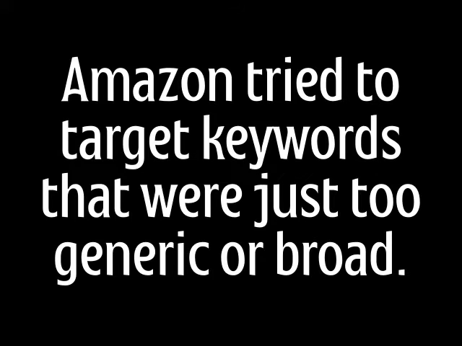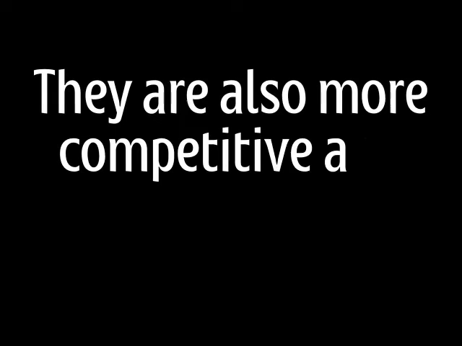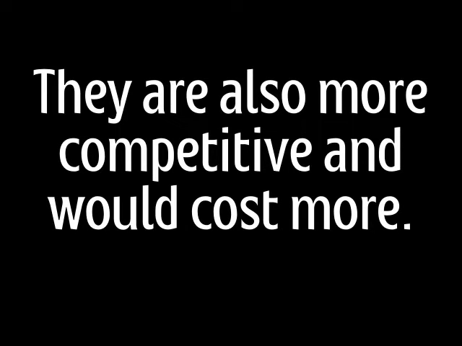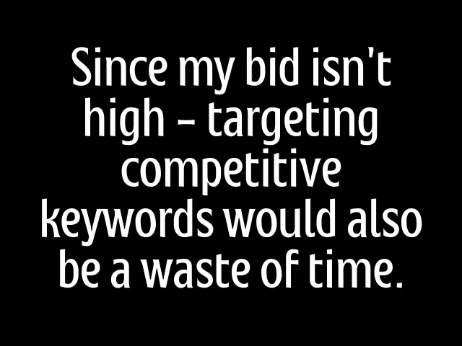And because they were broad, I was never going to rank for them because my bid was too low, and also because the book really isn't relevant to the keywords it was trying to rank me for, and they were too generic. So it might be that they're targeting broad keywords or just keywords that don't have very much search volume at all. In either case, you're probably not going to get any impressions. Even if they are trying to target one of these really highly competitive keywords, I'm not going to be seen because I'll be on page 50 or something with this ad that no one ever sees.